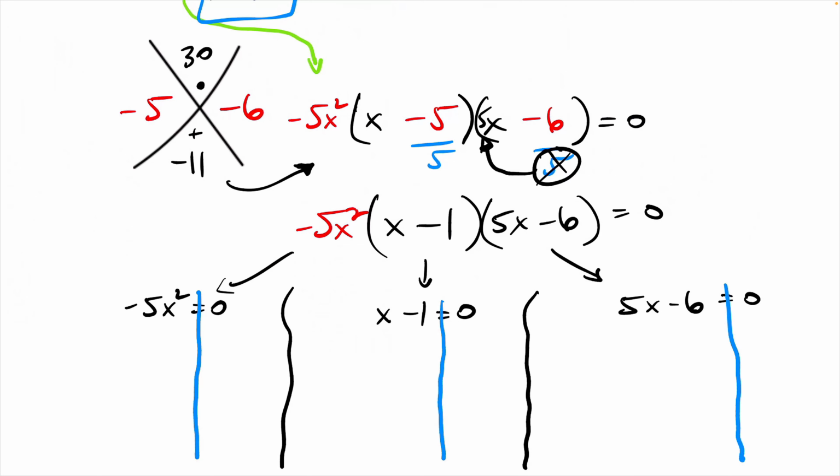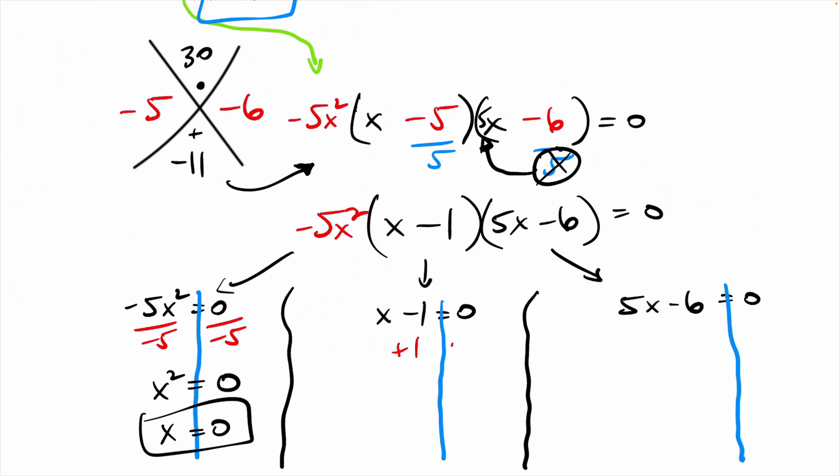Okay. Divide by negative 5, divide by negative 5. X squared equals 0. X squared means something times itself. A number times itself. 1 times 1, 2 times 2, 3 times 3. What number times itself makes 0? 0. Add 1 to both sides.